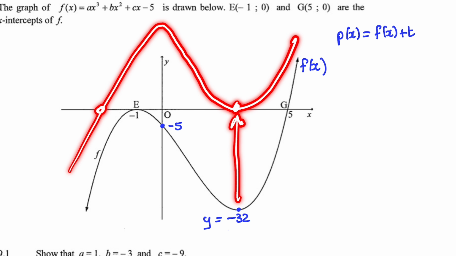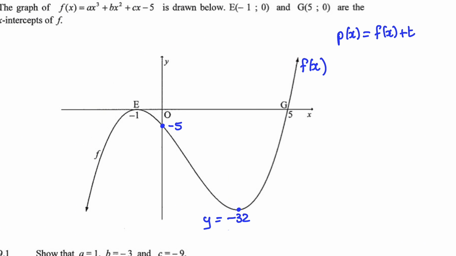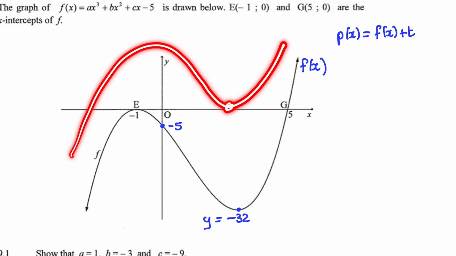So one negative and one positive. So I notice that the graph can move up by 5 units for it to reach 0, so cutting through 0, and it can move up by 32 units in order to have one positive root.